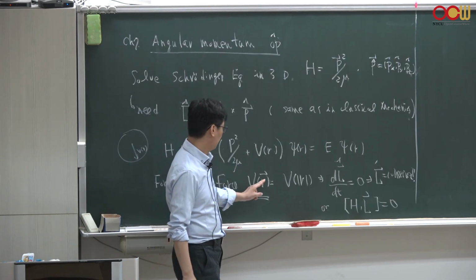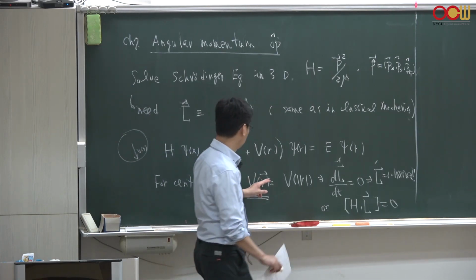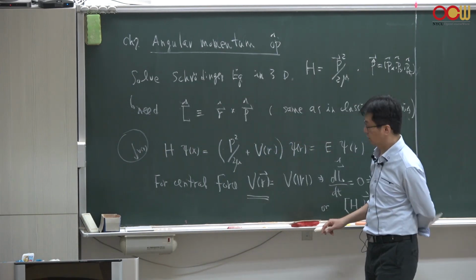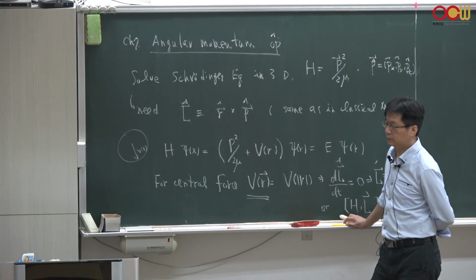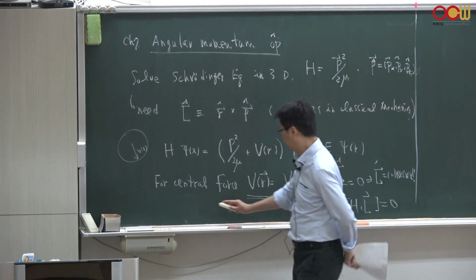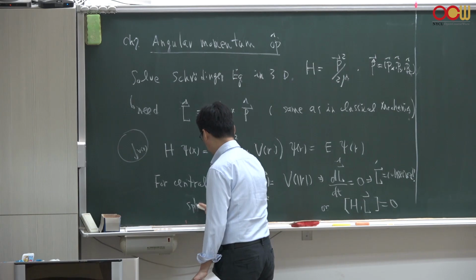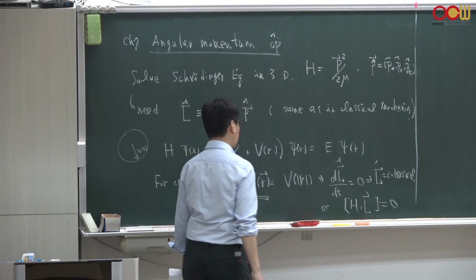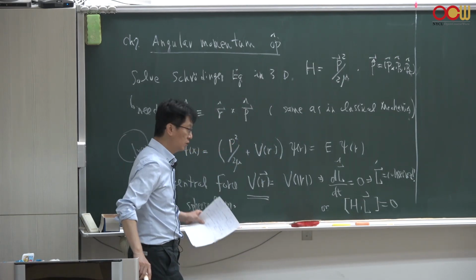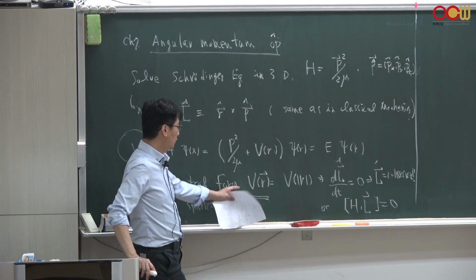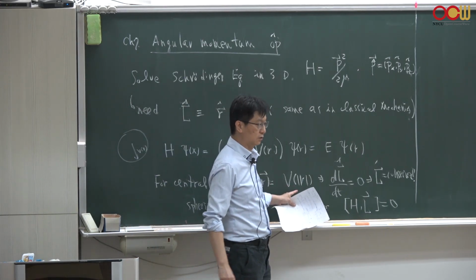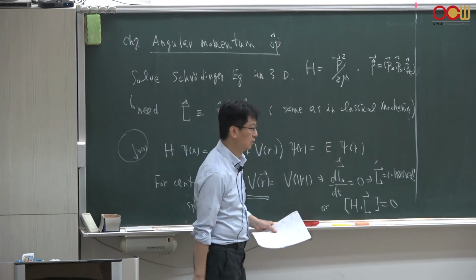It doesn't matter what the orientation of this vector r is, namely it has a spherical symmetry. And in such a central force system, this potential depends only on the distance between these two objects.